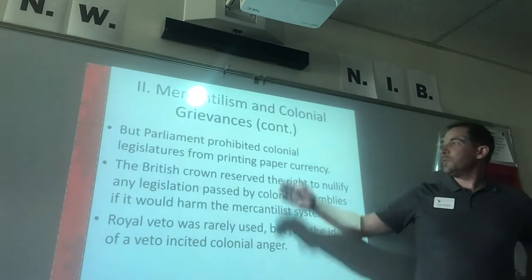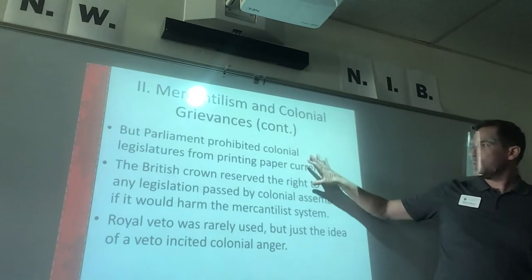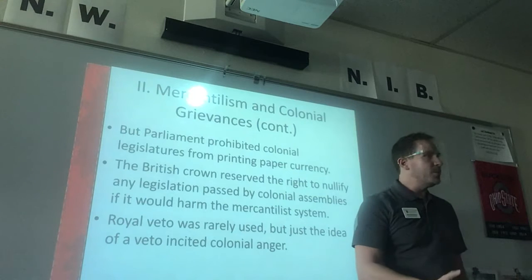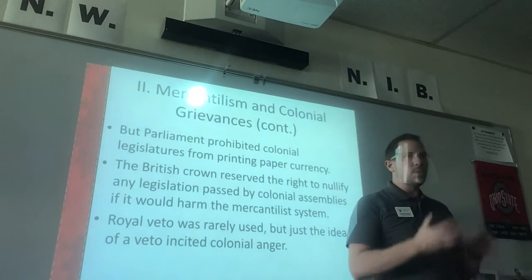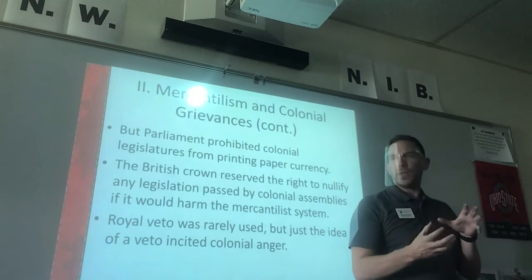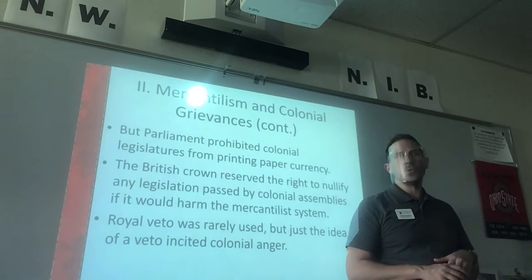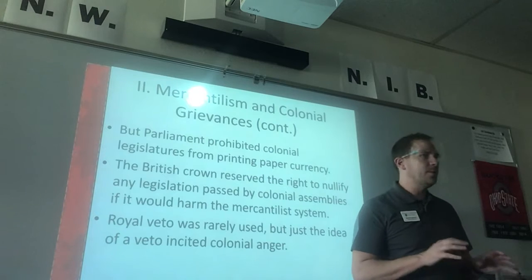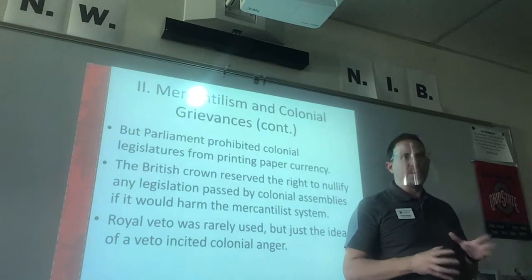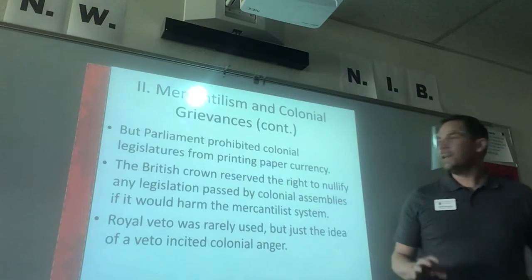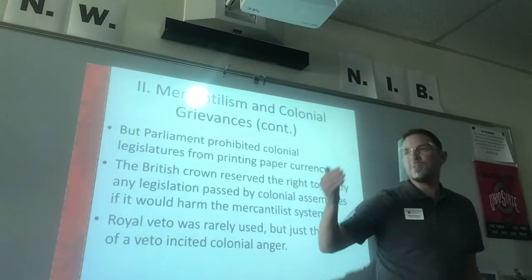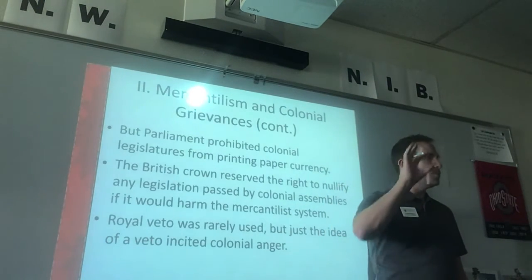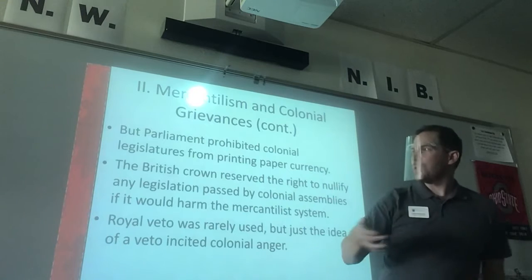So they were prohibited from creating paper currency, and yet they don't have enough gold and silver because Britain's hoarding that. And so they ran into this weird inflation situation where they're trying to create their own currency. Britain's saying they can't, but they're doing it anyway, kind of illegally. But is it worth money or not? So it's very complicated. And ultimately, with all of these, what you want to see is it's creating a frustration for the colonies towards Britain. It's just a growing frustration towards them.